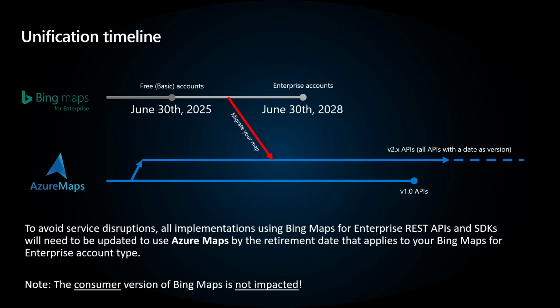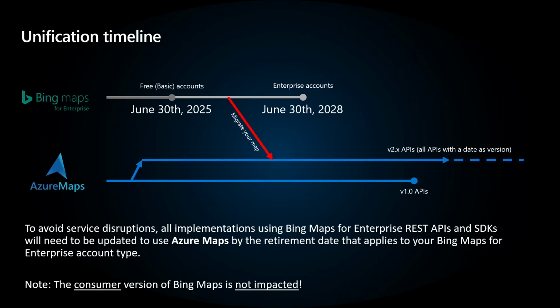That also means that existing customers that are using Bing Maps for Enterprise need to do a migration to Azure Maps. Depending on the type of account or license you have from Bing Maps, if you have the free or basic account, you have time to do a migration until June 30th, 2025.